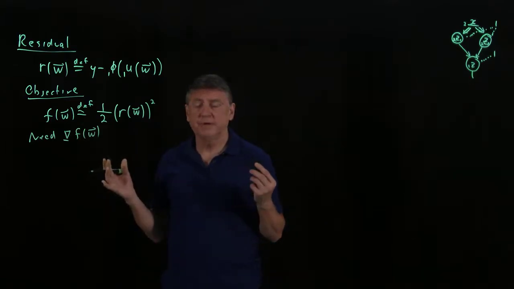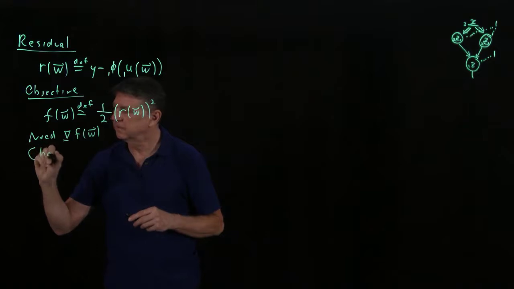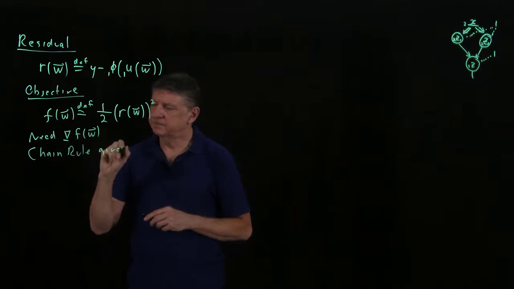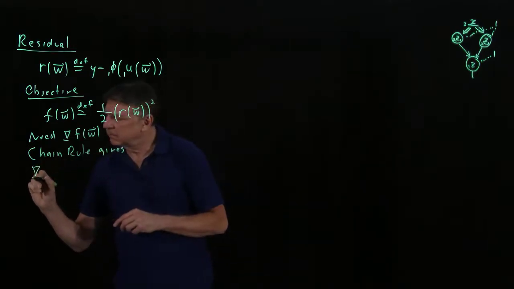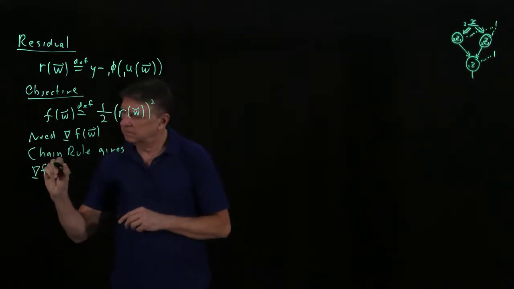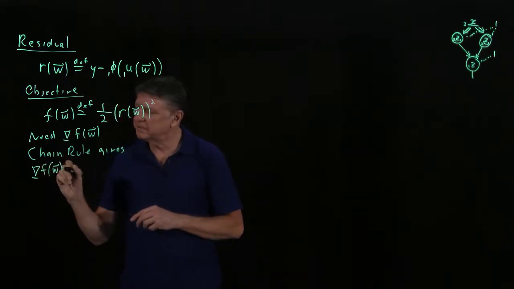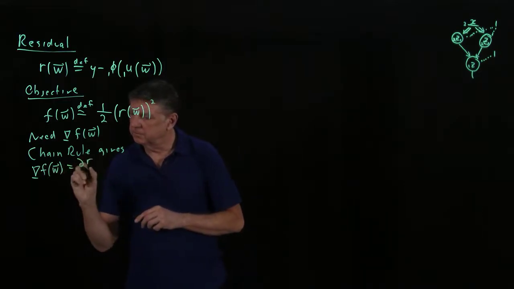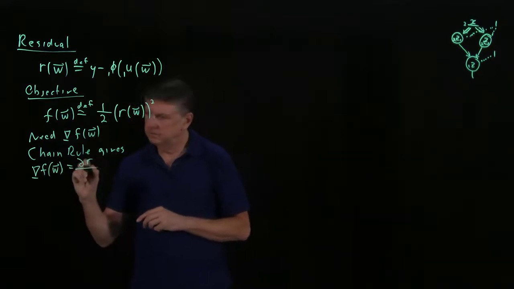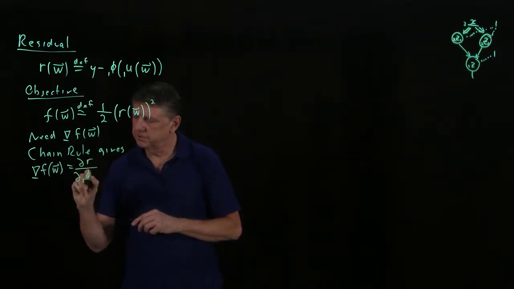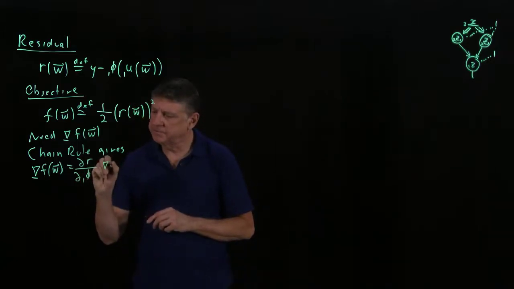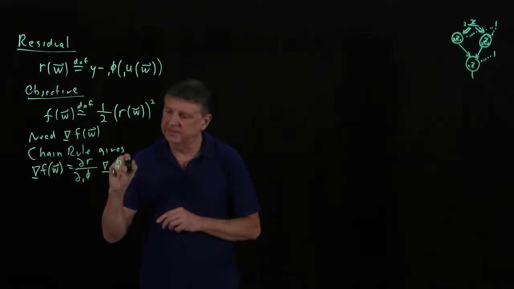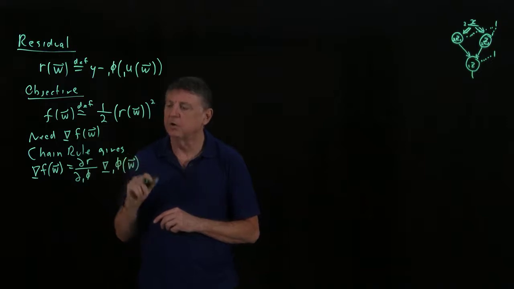So the first thing we can do is apply the chain rule. And the chain rule will give us the gradient of this function that has all of the weights in the entire network will be the partial derivative of the residual with respect to the activation function times the gradient of that activation function of the hidden neuron, but now it's a function of all of the weights.